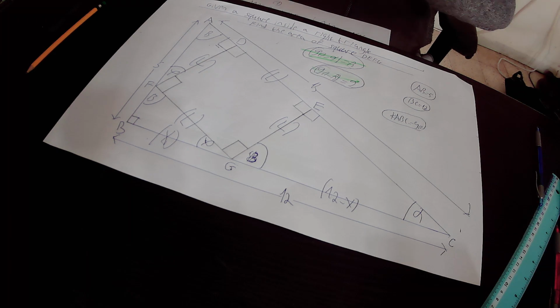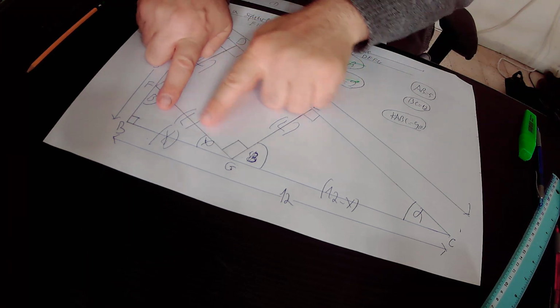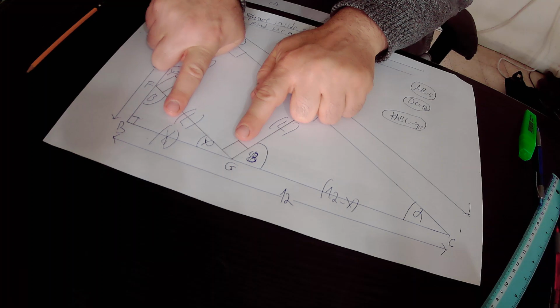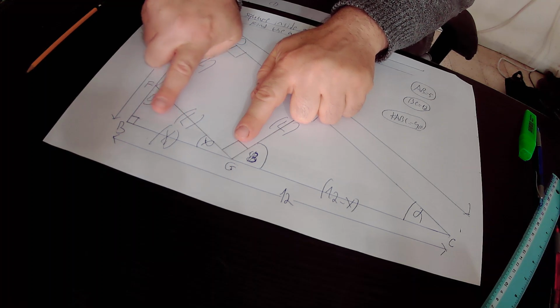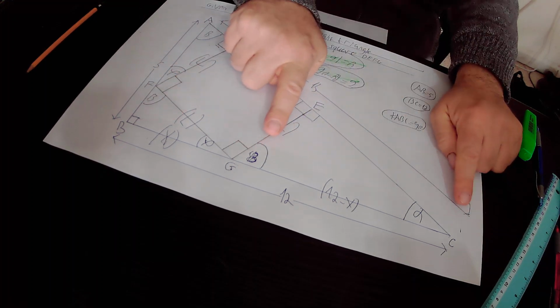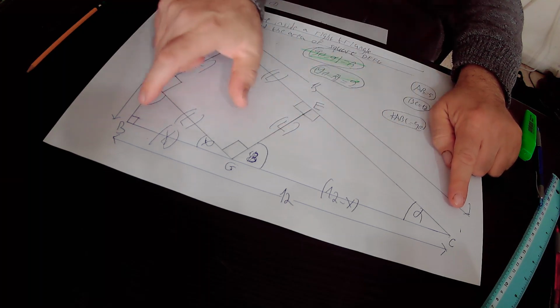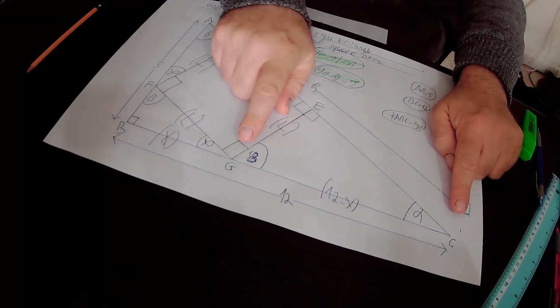In the next step, we defined the length of line segment BG as X, and therefore GC equals BC minus BG. Again, BC minus BG equals GC.